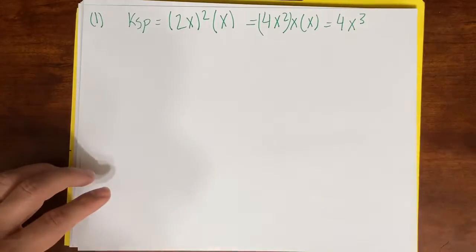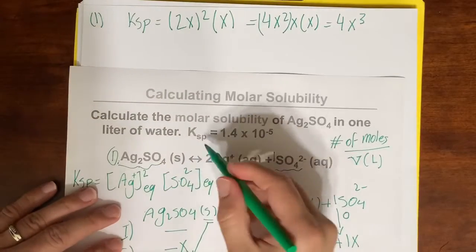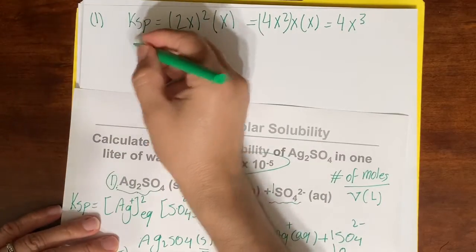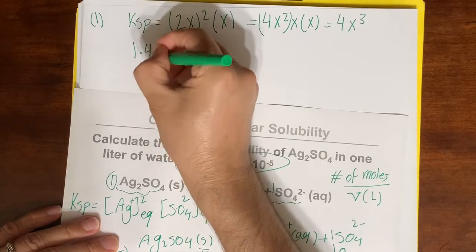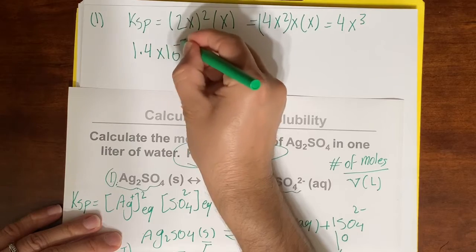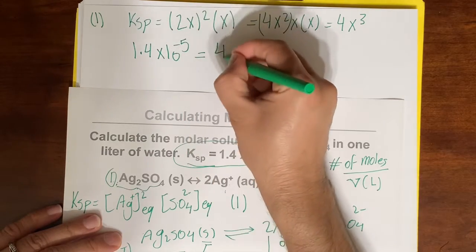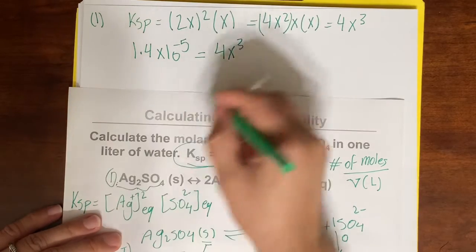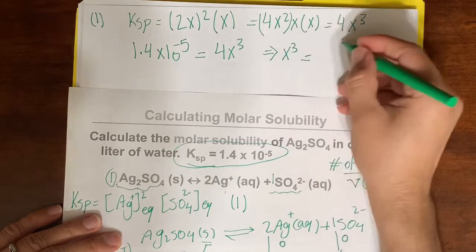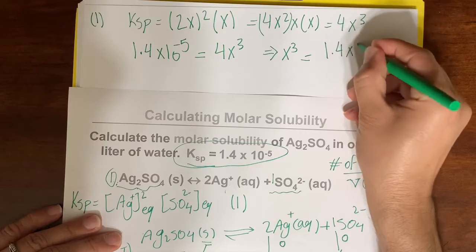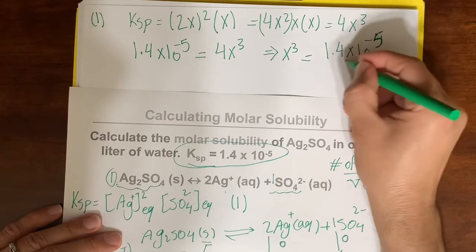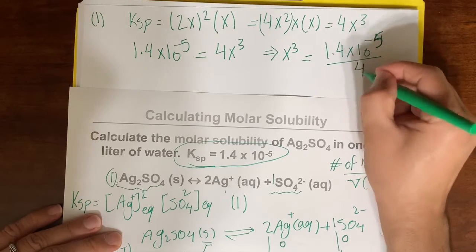Okay. Now the question gave you the KSP, so the left side you have it: 1.4 multiplied 10 to the power of minus 5, and this is equal to 4x cubed. So x cubed is going to be equal to KSP divided by 4.